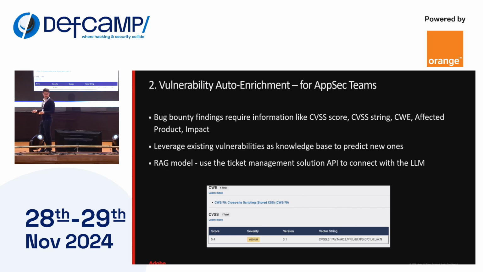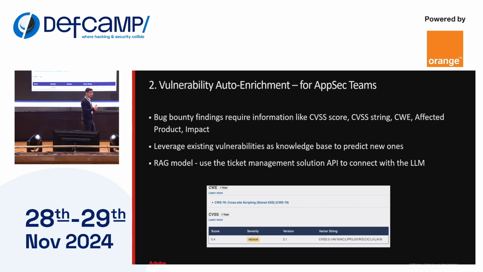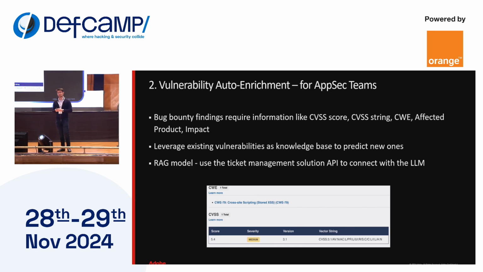So this is basically a RAG capability. You're using the ticket management API to build a connector with your LLM. For example, with Jira, you can get a Jira connector. Each time you receive a finding, you can have a JQL connection to gather the vulnerabilities, so you can use them as a knowledge base.